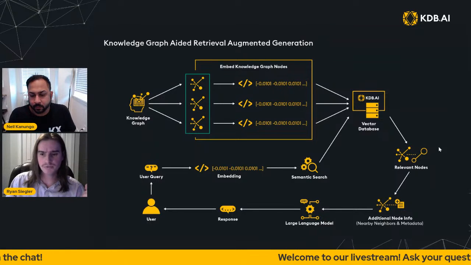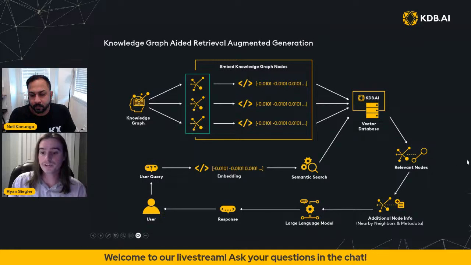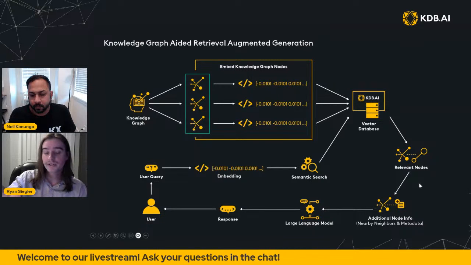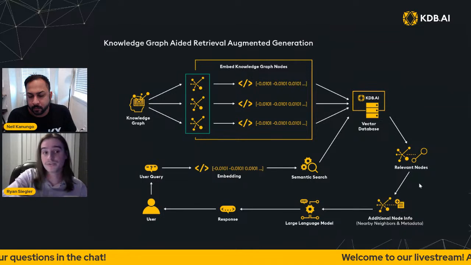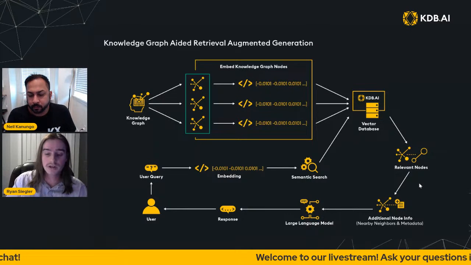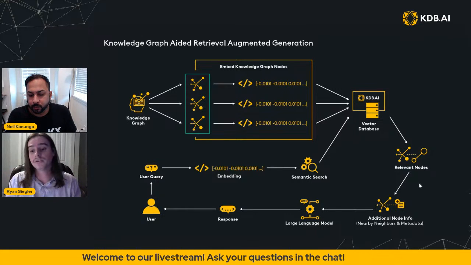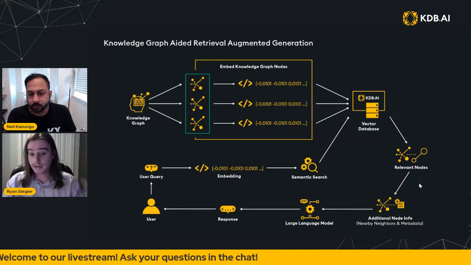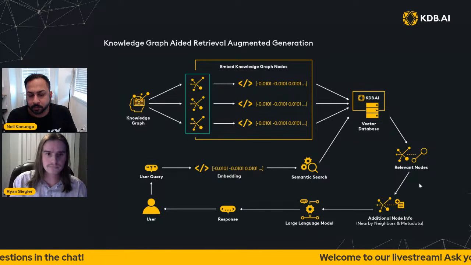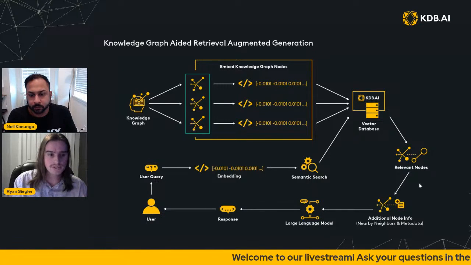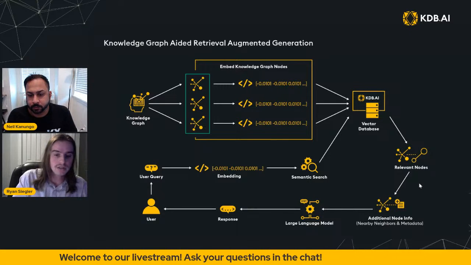But the nice thing about when we have a knowledge graph is that these relevant nodes are part of the graph. So we can actually branch out. We could traverse from the nodes that were returned to get some additional nodes around it and their metadata as well. So all of a sudden, not only do we have our relevant nodes, but we can bring in nodes all around these relevant nodes to add extra context to give to our large language model to answer the user query. So this is one way that we can look at using RAG with the knowledge graph.